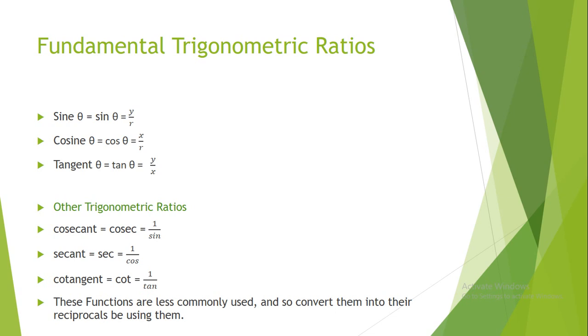And then sec is what? 1 over cos, or the inverse of cos. And then cot is what? The inverse of tan. One thing you have to know is that these three other ones, the cosec, sec, and cot, are not normally used. So if we give you a question in sec or cosec or cot, in order to be able to work with it well, you just have to convert it into the reciprocal or the fundamental form.